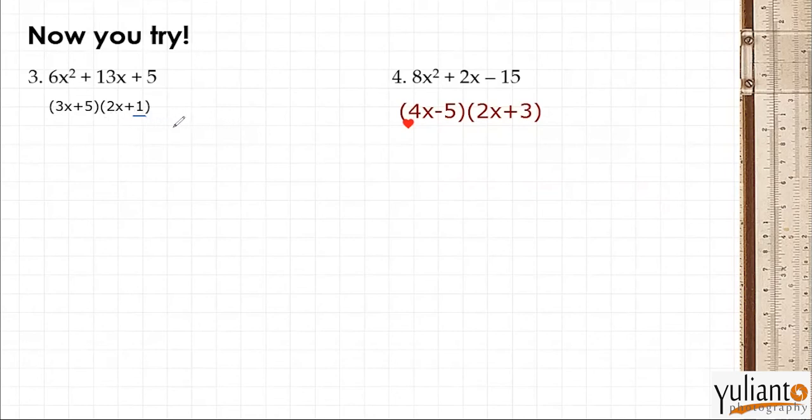So it should be considered as 1. So that's why the answer is 2x plus 1. Okay, for number 4, 4x minus 5, quantity 2x plus 3. All right, 3 and 4 are correct.